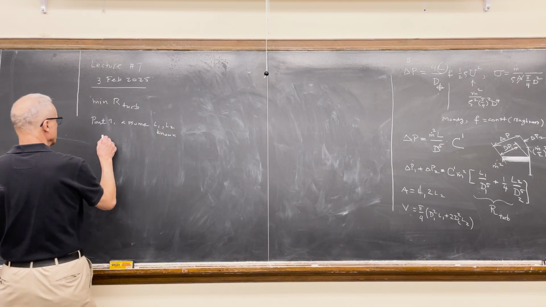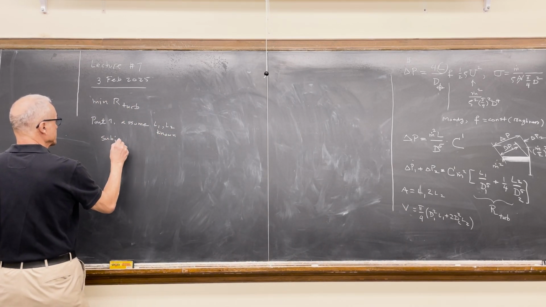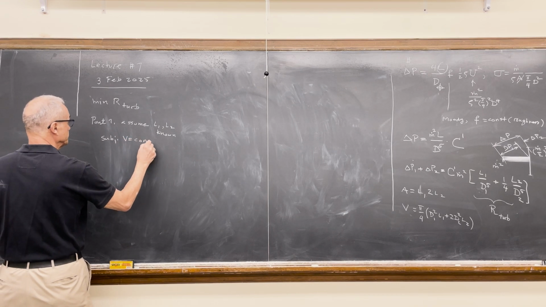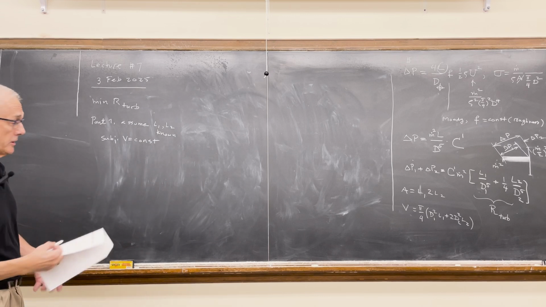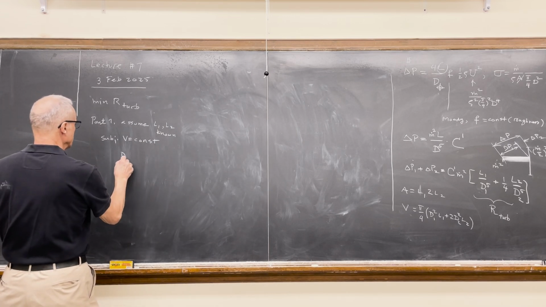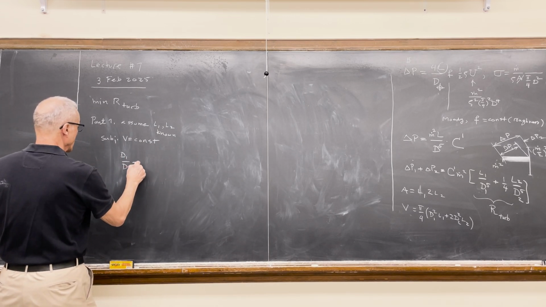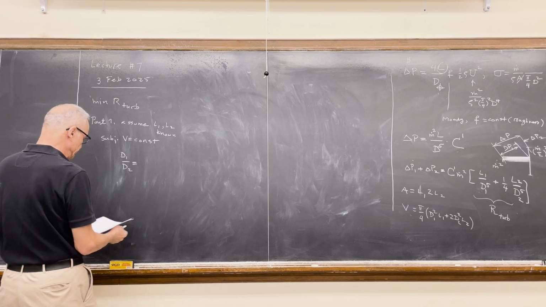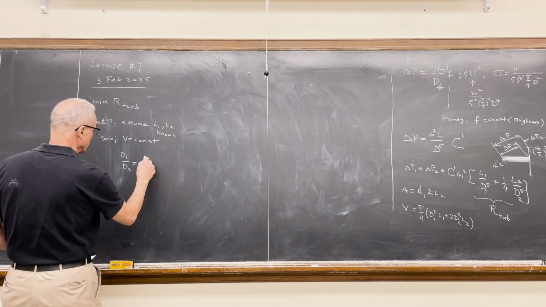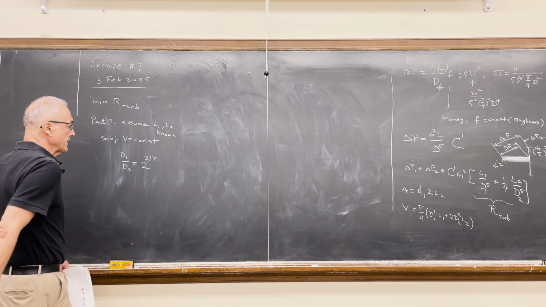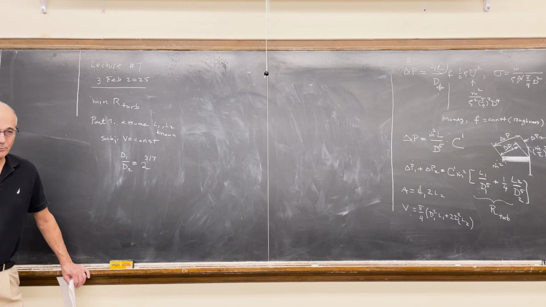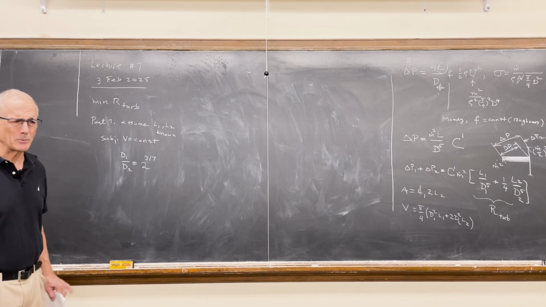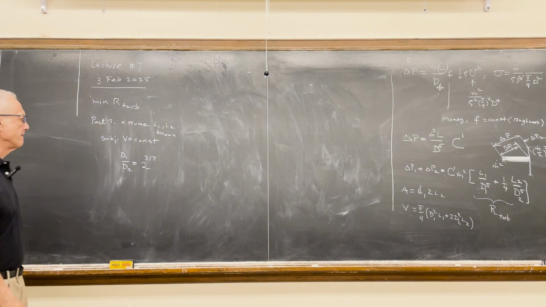So subject to V constant, you discover that there must be a ratio of D1 over D2, which turns out to be 2 to power 3/7, which is almost like writing square root of 2, something like 1.3, a number of order 1 greater than 1.